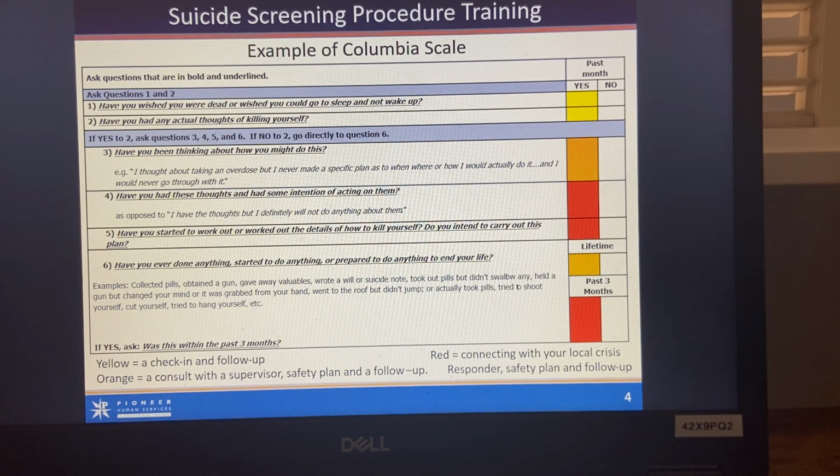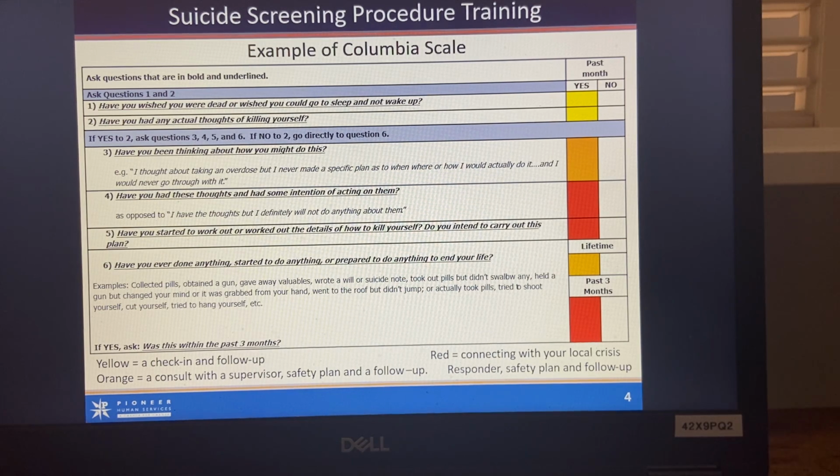So you could potentially get a score of 1 or a score in between, or you could get a score as high as 6. 6 being the highest that a person could get, giving you the highest risk possible.